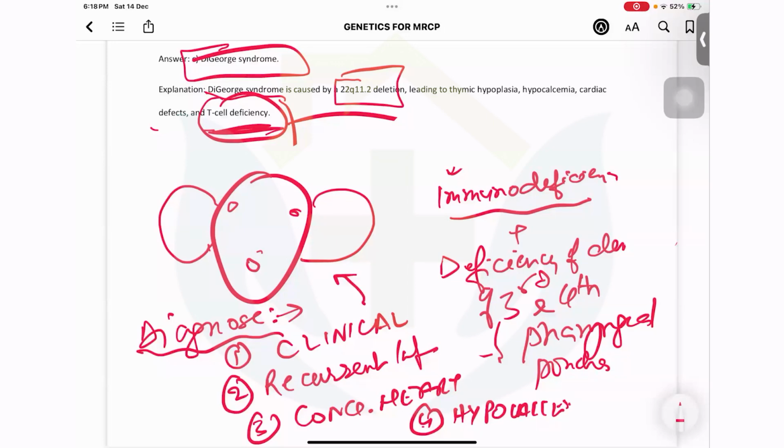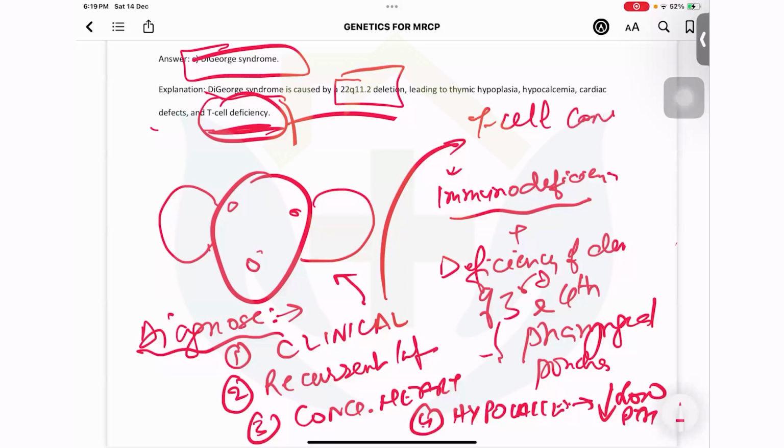And if you check their parathyroid levels, they will have low parathyroid hormone levels. And you can get T cell counts done, known as the CD4 CD8 ratio. They will be down. So this will be disturbed. So you will come to know that the patient has deficiency of T cells.